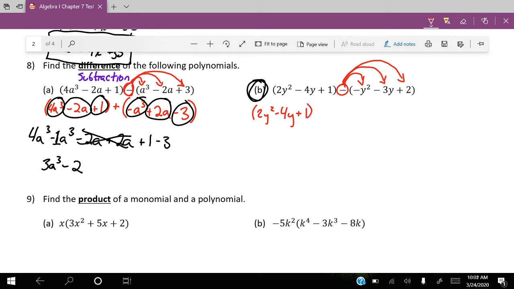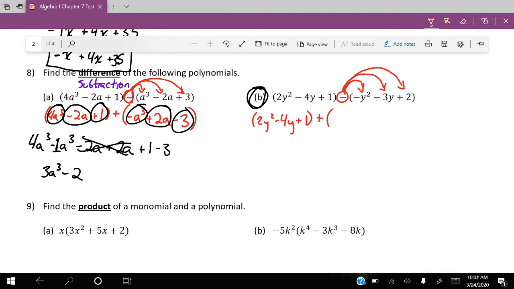The minus sign will then turn to a plus, and everything in the second polynomial, its sign will change. So negative times a negative is a positive, so this negative y squared becomes positive y squared. Negative 3y becomes positive 3y, and plus 2 becomes minus 2.